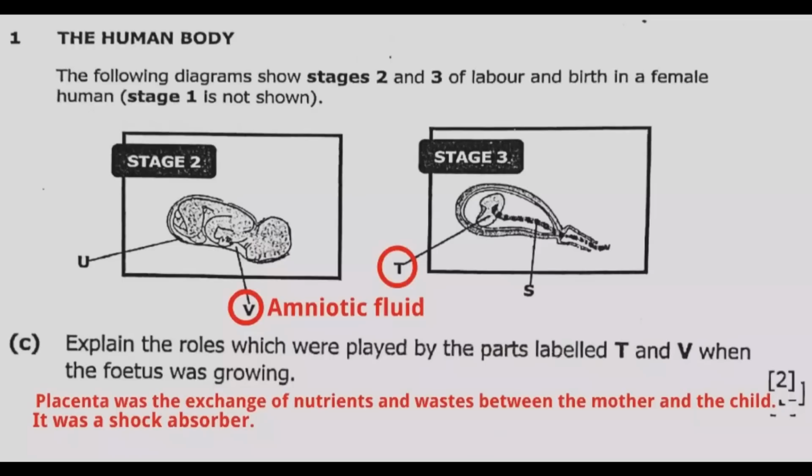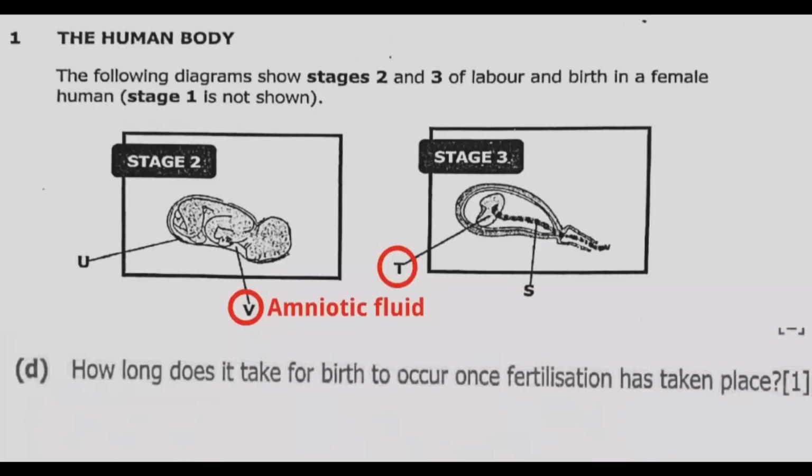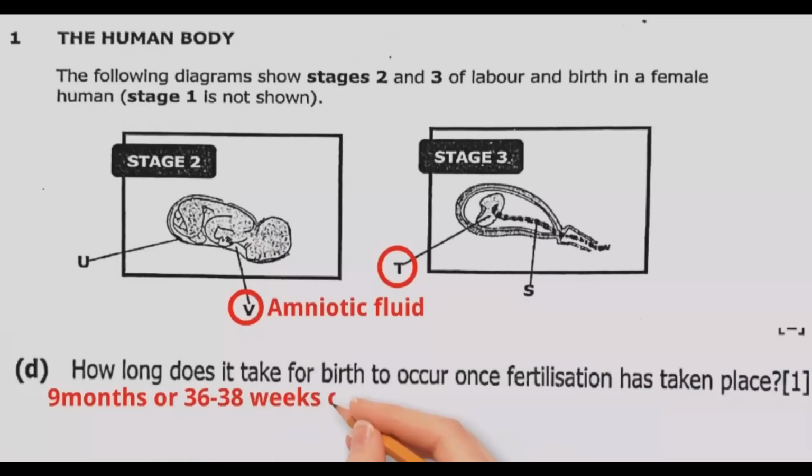We go to D. How long does it take for birth to occur once fertilization has taken place? The pregnancy of a human being takes about 9 months, or 36 to 38 weeks, and that is 270 days.